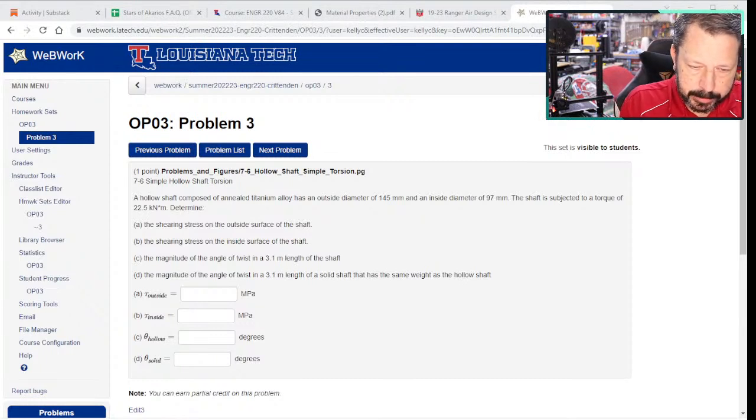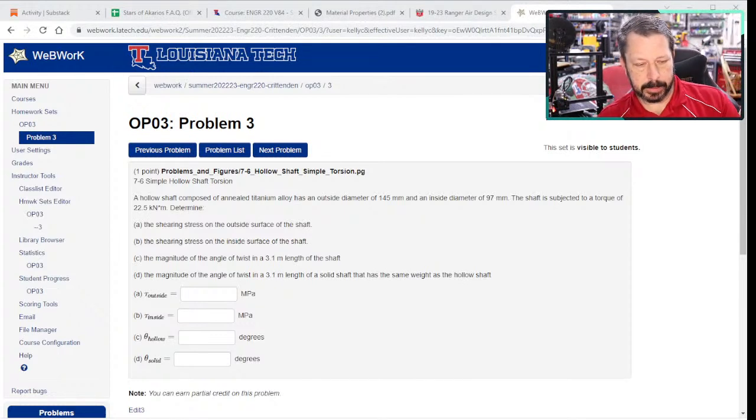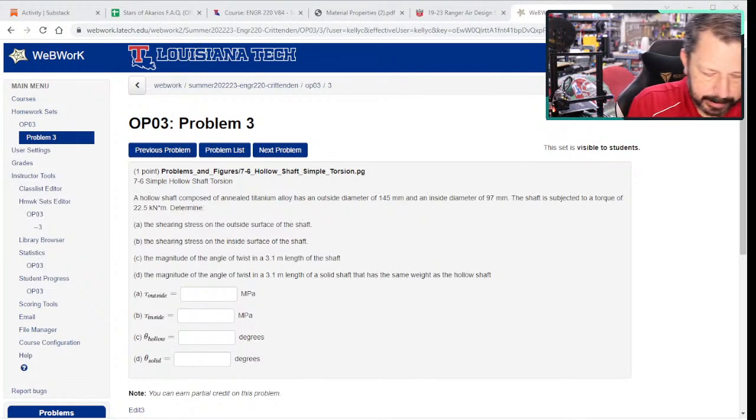So this is 145 millimeters. And then we'll do our inner diameter this way. Again, not the right way to do it, but it'll get the job done for now. 97 millimeters. Our material is annealed titanium alloy. We'll need that when we go to do angle of twist. And we have the length of the thing. I guess we can put that on here. It was 3.1 meters.